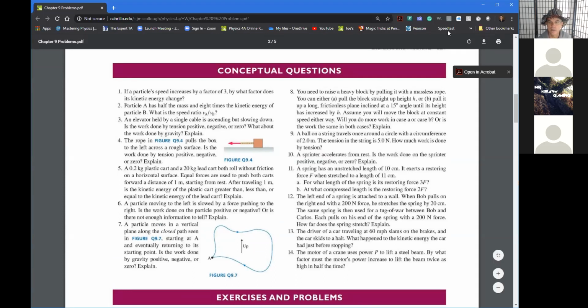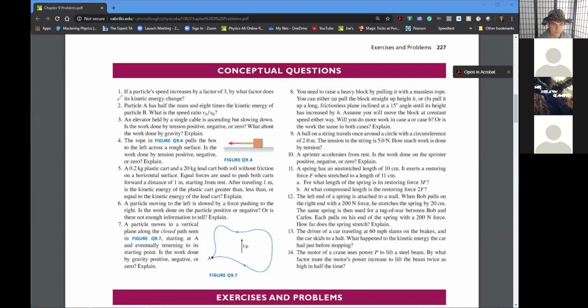Let me annotate. This one. Particle A has half the mass and 8 times the kinetic energy of particle B. What is the speed ratio of VA to VB? We just solve for V in the kinetic energy equation, and then put A over B. Let me write this down.